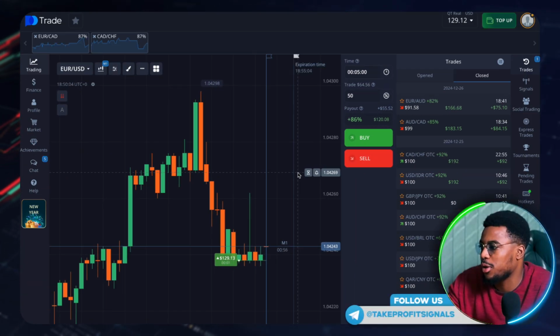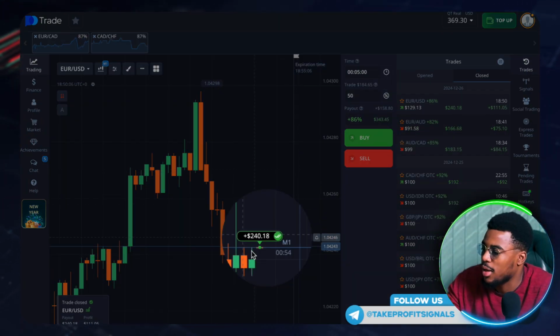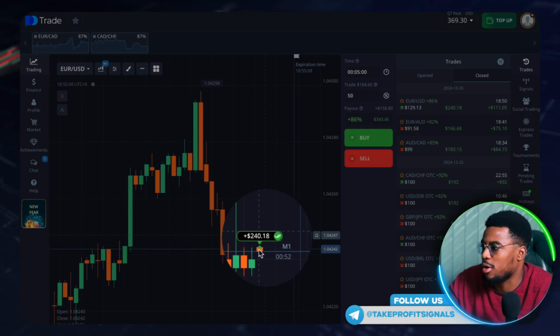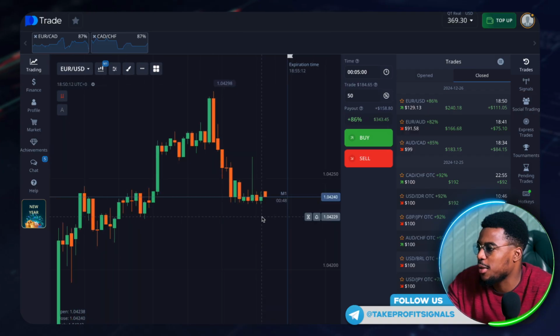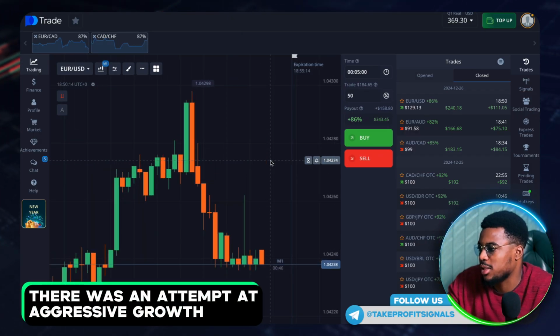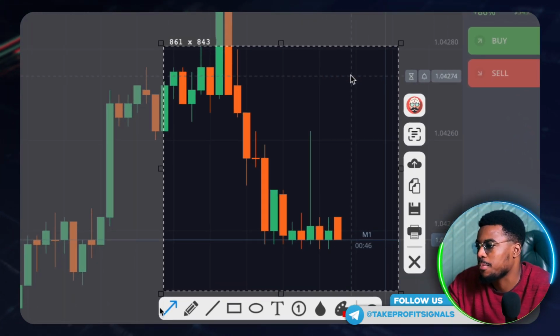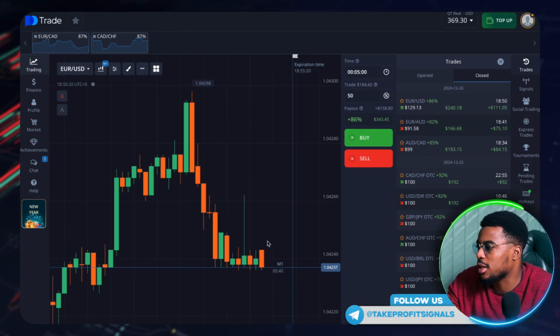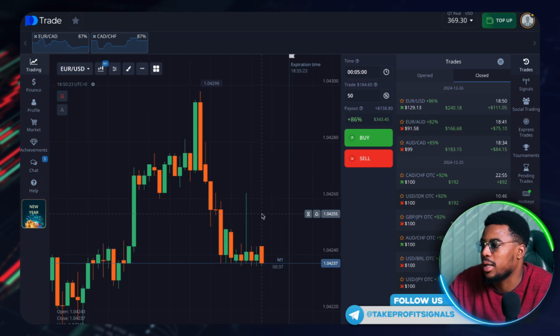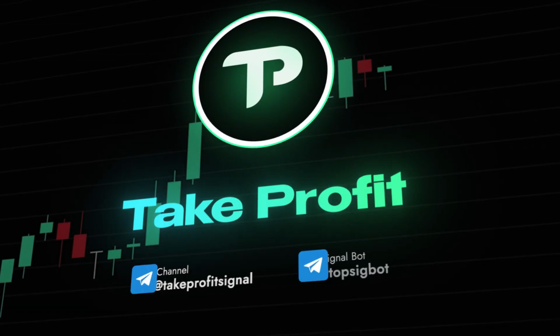So 3, 2, 1, another 111 profit is in our account. As we can see, there was an attempt of aggressive growth, but unfortunately it did not lead to anything. Although the signal is not super confident, it brings us a result.